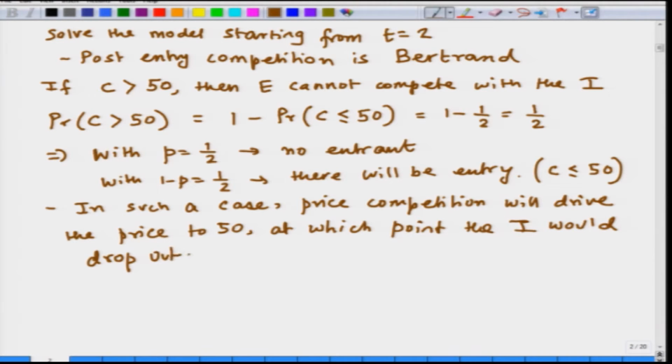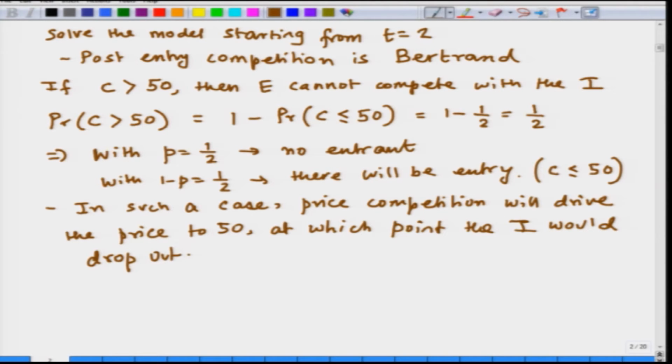So, the incumbent will drop out. So, with probability 1/2, wherein the marginal cost of the entrant is greater than 50, the entrant is not going to survive competition. So, there is only going to be the incumbent. With probability C less than or equal to 50, which is 1/2, the entrant is going to enter, charge a price of 50, and the incumbent is going to drop out.